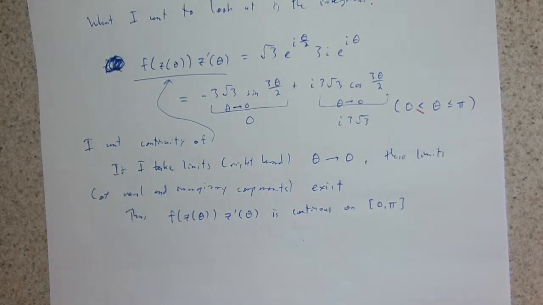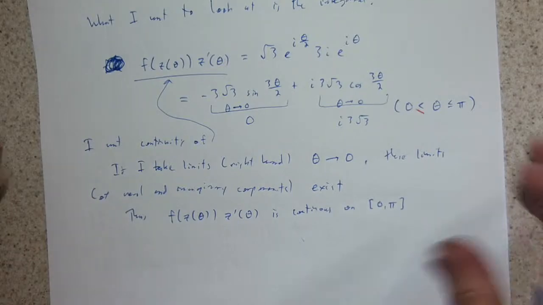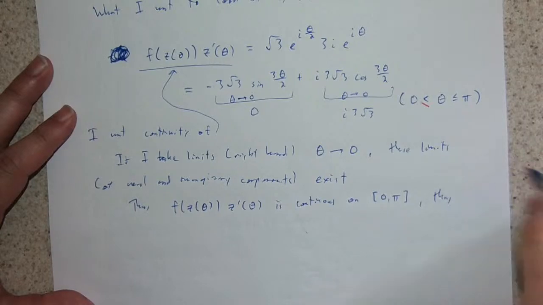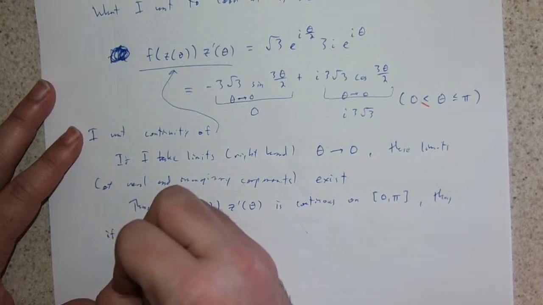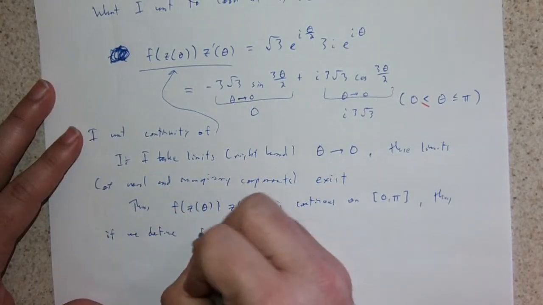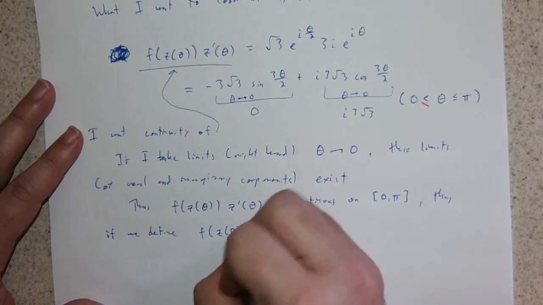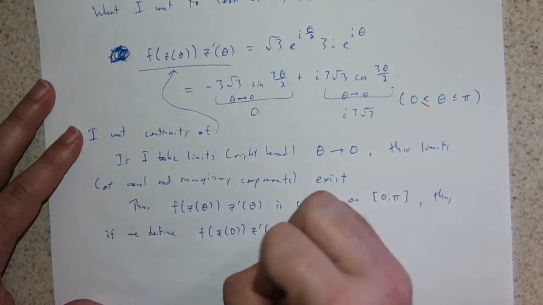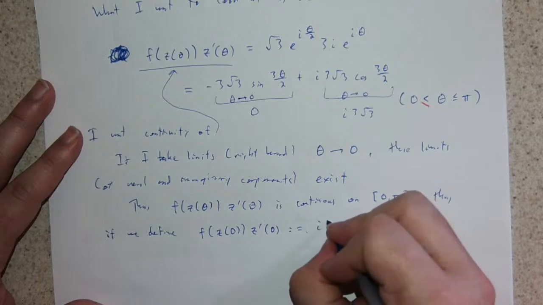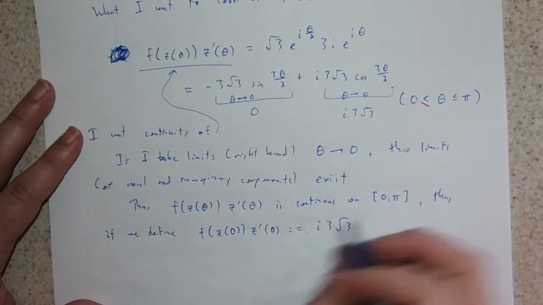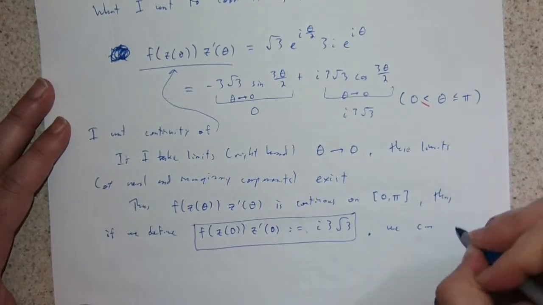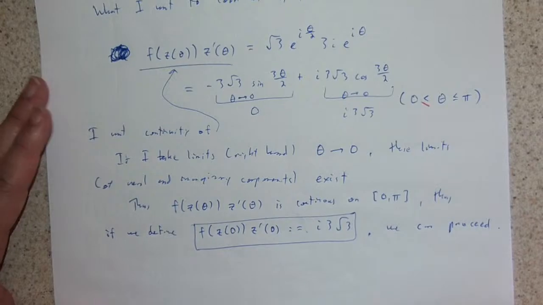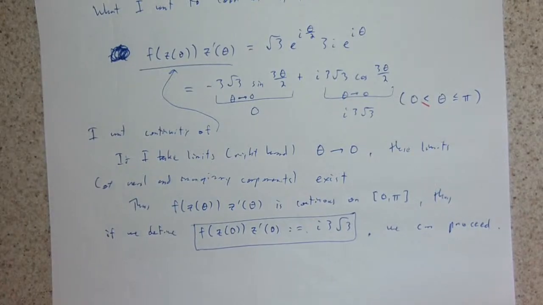And this is exactly what I'm going to need in order to actually find the value of this thing. So if we define f of z of 0 and z prime of 0 to be i times 3 root 3, we can proceed. This is the kind of checking that would have to be done here to make sure that this works.